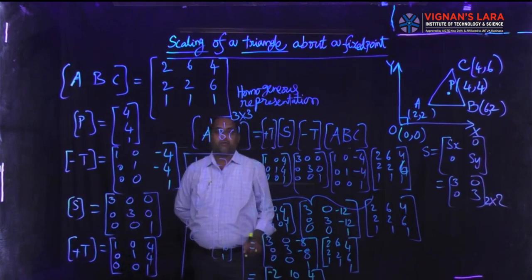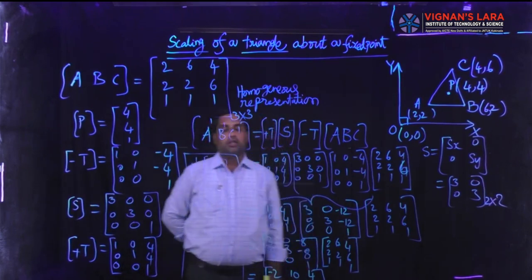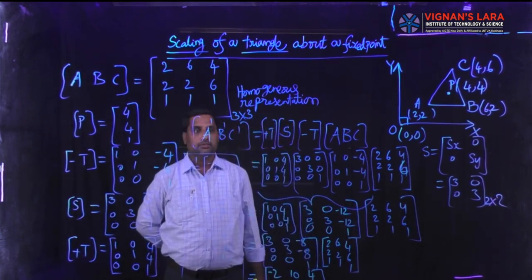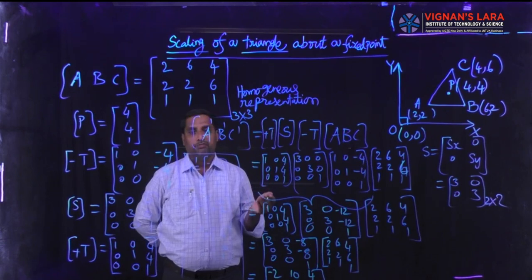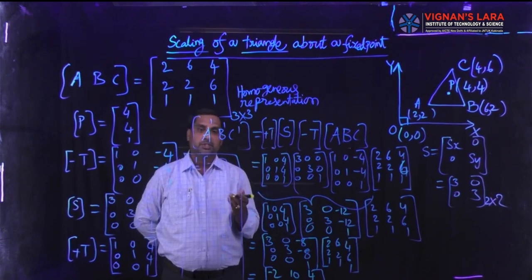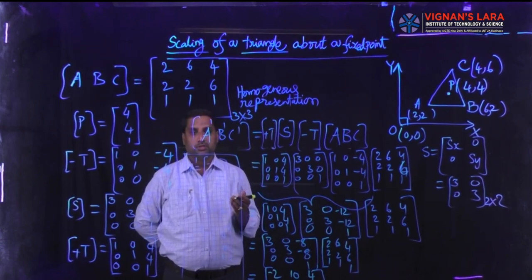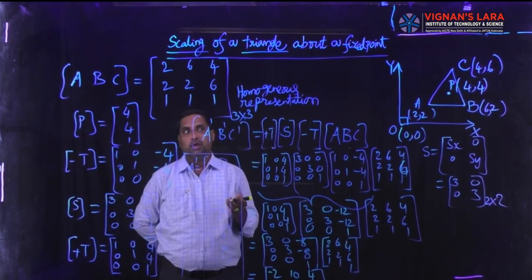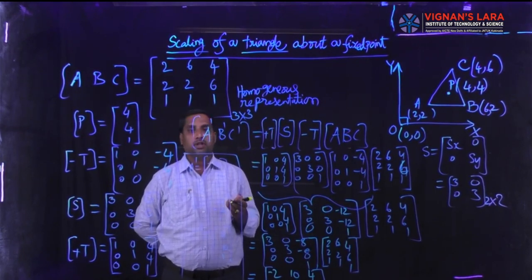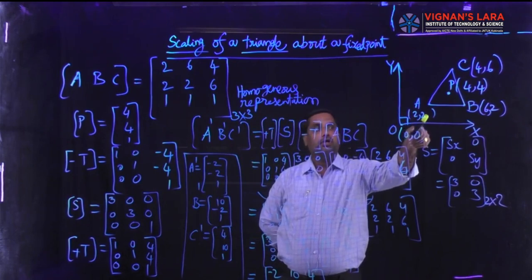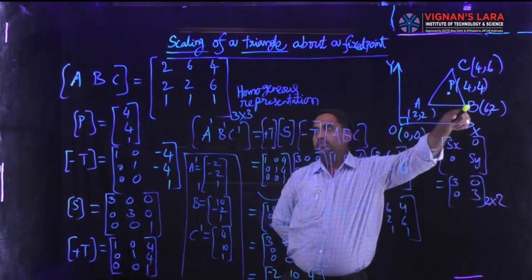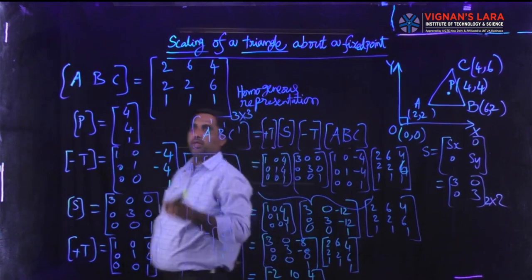Anyway, at the end what I am saying is that all these are about 2D transformation matrices. You can apply them in a similar manner for rotation about an arbitrary point and scaling about a fixed point, for 3-dimensional objects also. For 3-dimensional objects, you can add a z coordinate for all these points, and the representation will be 4 by 4.